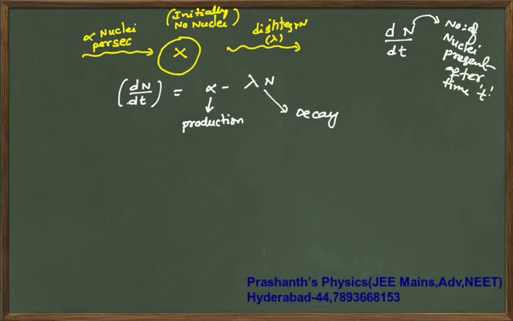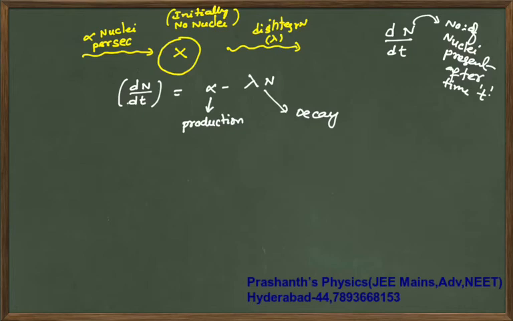The rate at which this is happening is given by dN by dt. Now if alpha is greater than lambda N, the number of nuclei will increase.